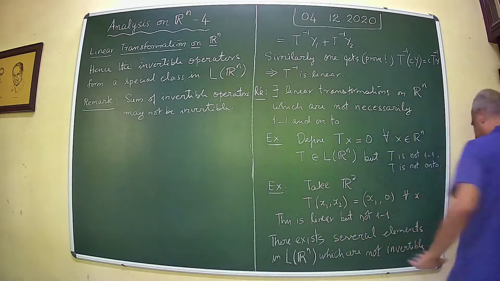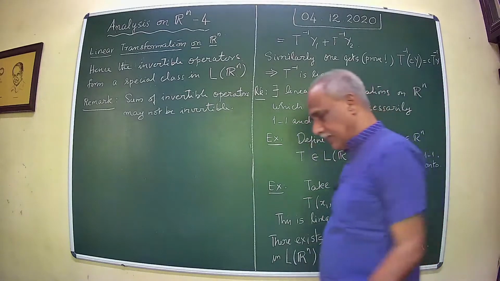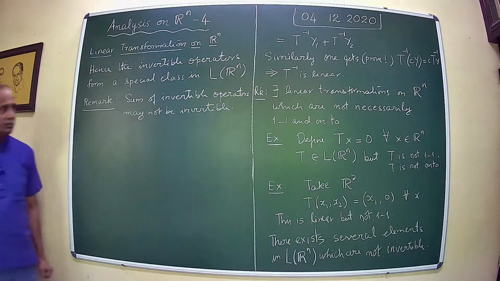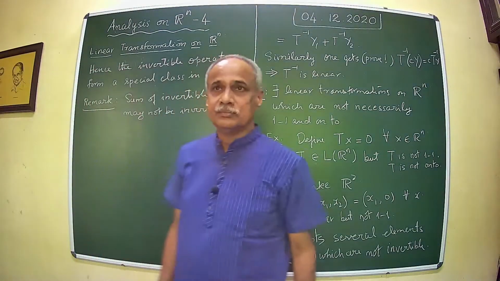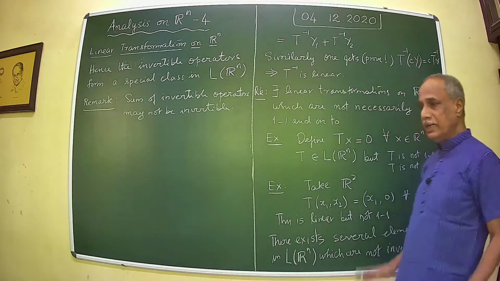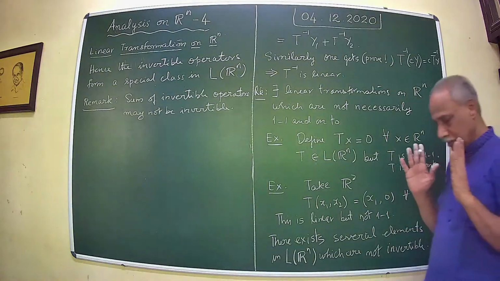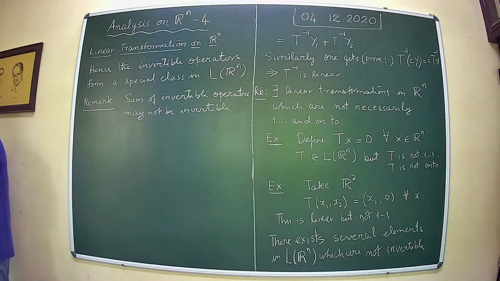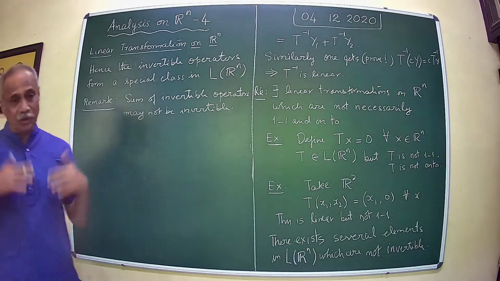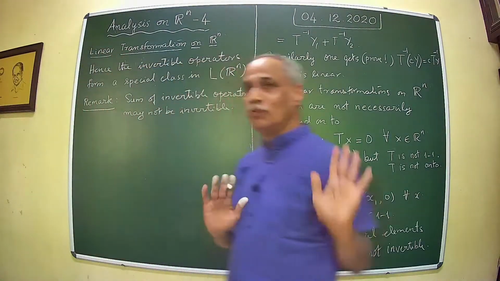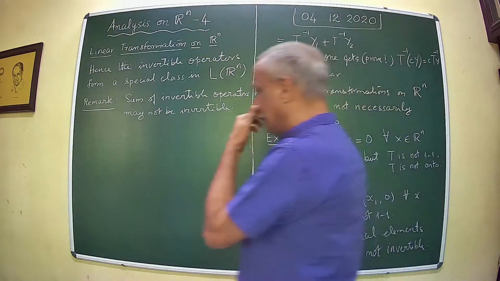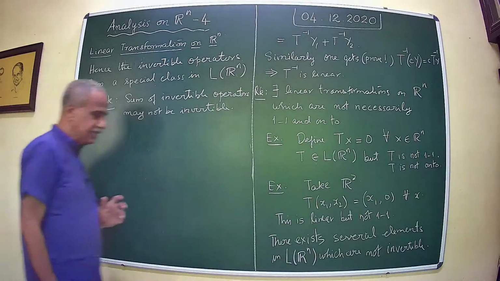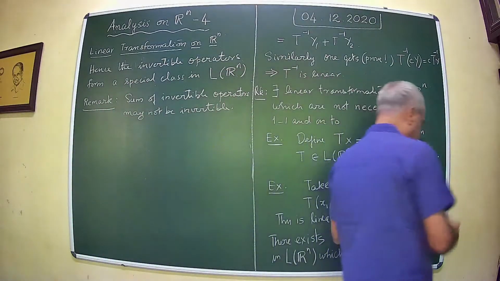If you are in a finite dimensional vector space like Rn, then you see that if a linear transformation is 1-to-1, then it is onto. Also, if it is onto, then it is 1-to-1. Therefore, we have a nice result here. You don't have to specifically talk about 1-to-1 and onto together.